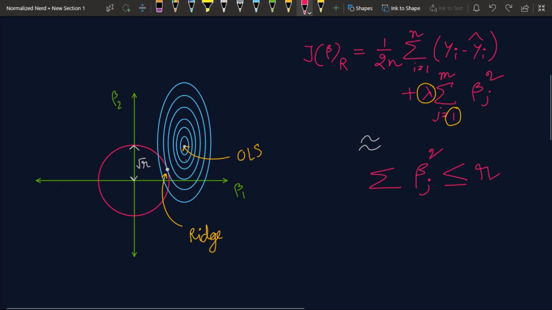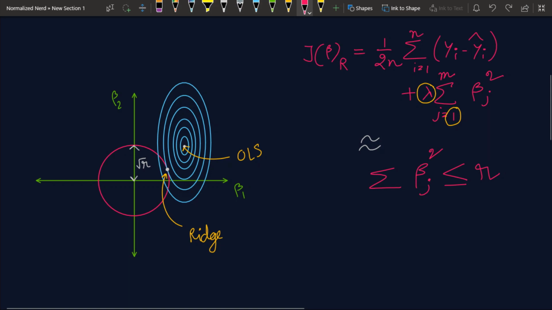And previously the beta was converging at the minima of our contour of the cost function, but now the final value of beta we will get here because this constraint doesn't allow our beta to go outside of this red perimeter. Isn't it amazing that we can visualize this equation by this intuitive plot? I think it's amazing.